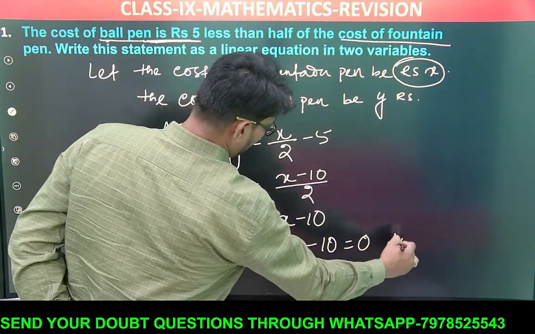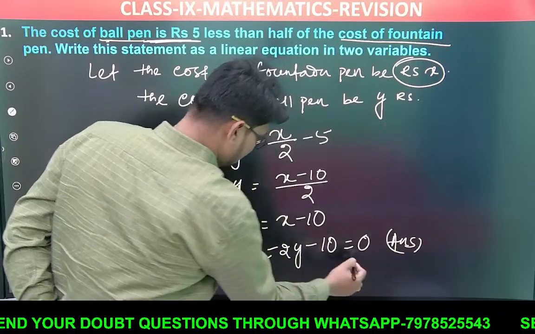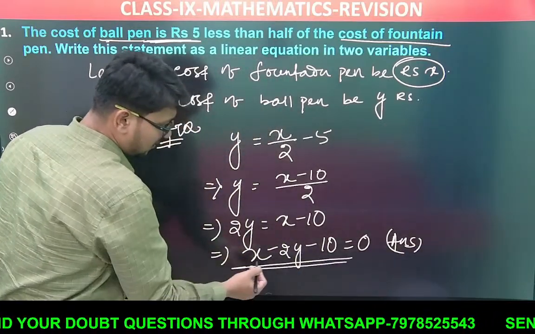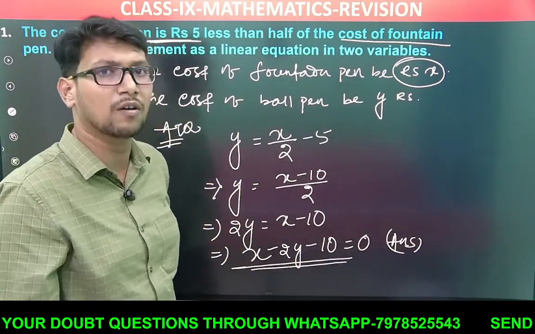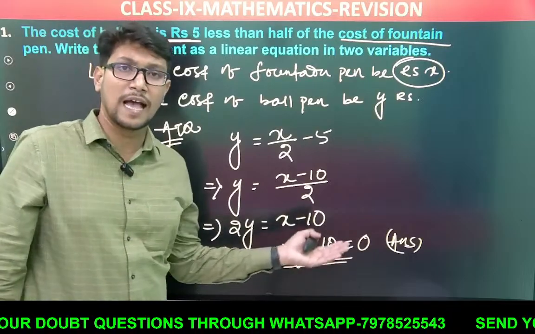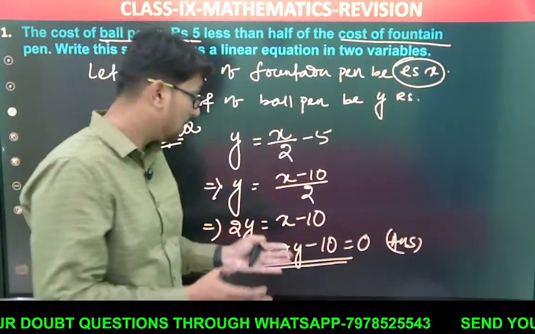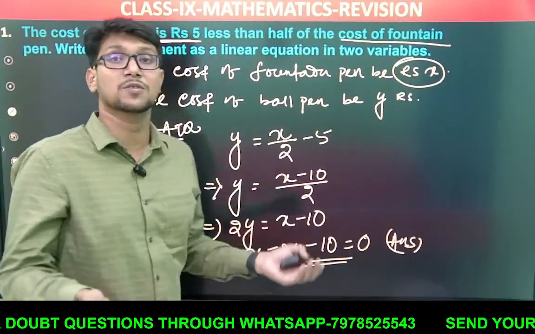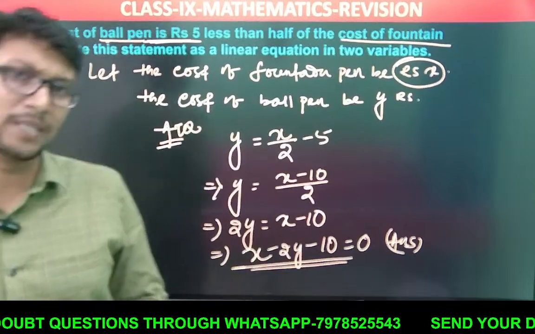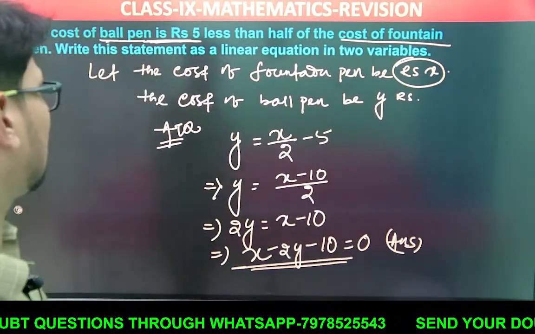And this is the final answer. This is a linear equation in two variables because two variables are involved. And why linear? Because the highest power of the polynomial involved is 1. So dear student, this is the answer to this question.